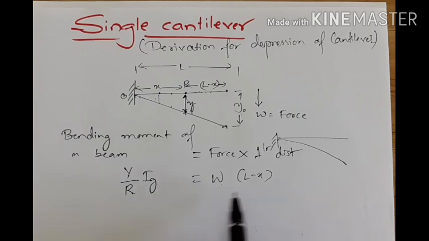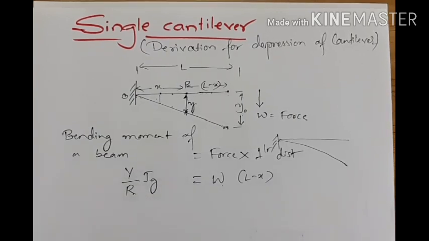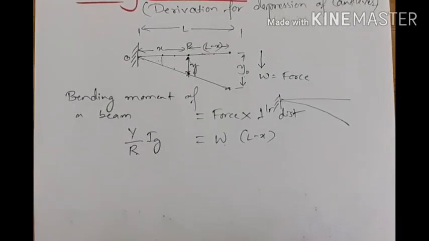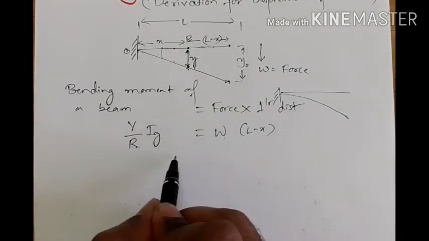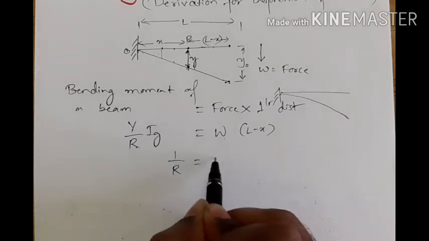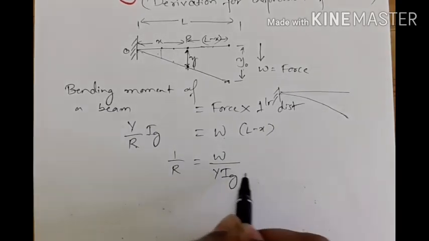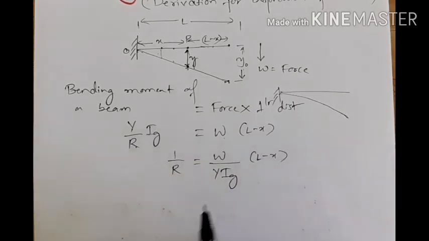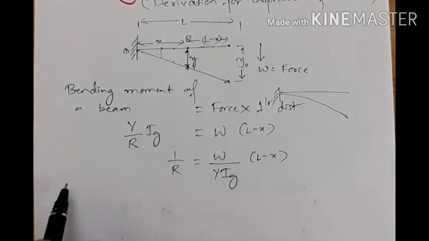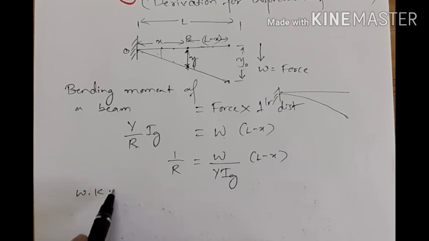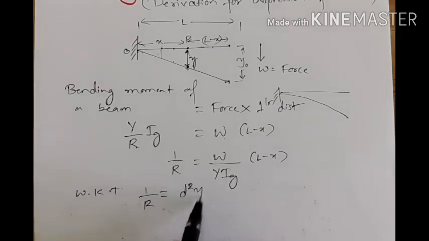So this is the basic equation which we have to write down first: the bending moment is equal to this much. So let us move ahead. Here I'll take 1 divided by R is equal to W divided by Y Ig into L minus X. From mathematics we know that 1 divided by R is equal to d square y divided by dx square.